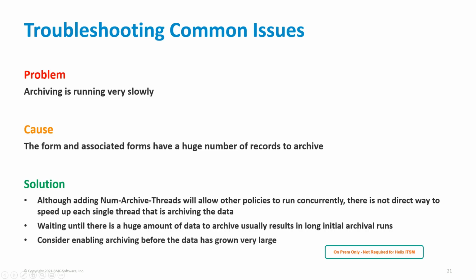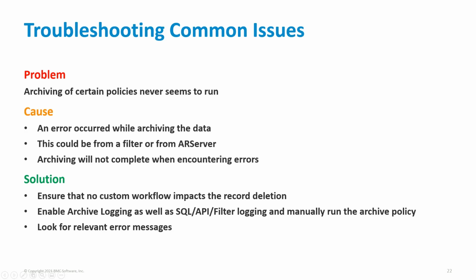And if you start it right away, even if you don't have a huge amount of data to archive, at least if you start it, it can keep up rather than trying to play catch up with a huge amount of data later. You can consider enabling archiving before the data has grown very large for just that reason. This is a maintenance thing, and even if there was very few records to maintain, at least you get the process started, so as time goes by, it's something that's easy to keep up with.